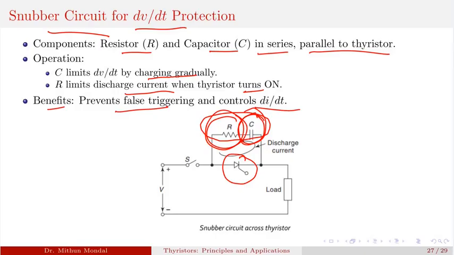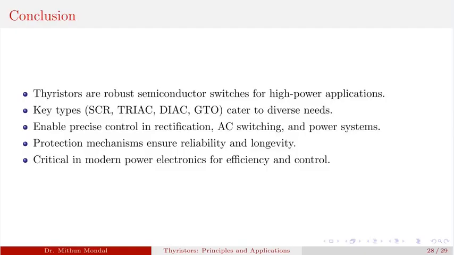So snubber circuit is one of the most famous circuits for thyristor protection, both for di by dt and dv by dt. The basic construction is RC network connected in parallel with the thyristor. So the conclusion for this discussion is thyristors are robust semiconductor switching devices used for high power applications. There are different thyristor families.